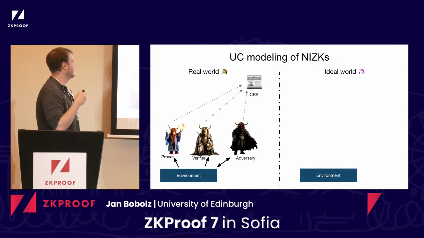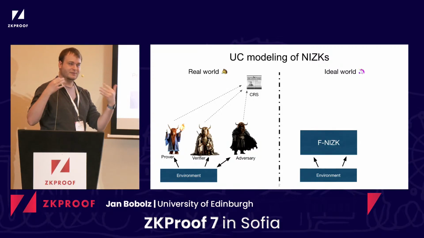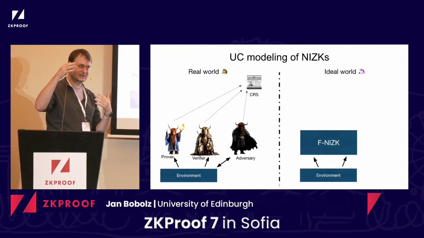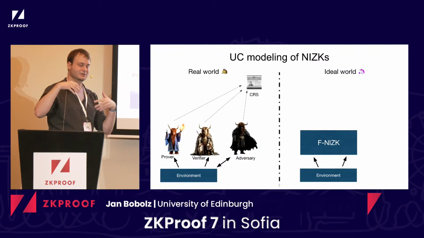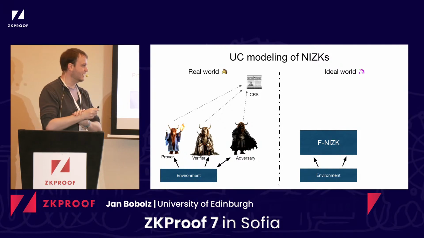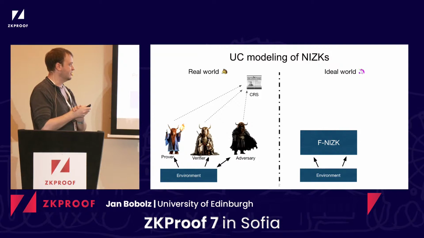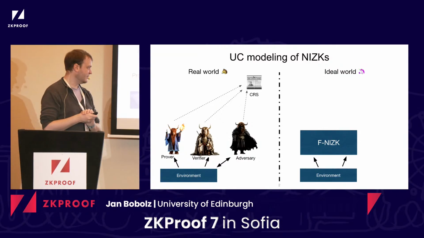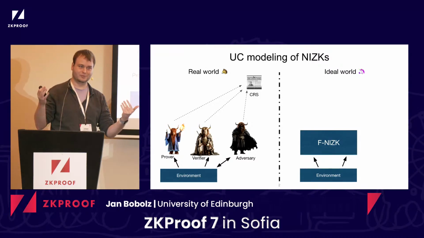In the ideal world, we have an ideal functionality that tries to express the ideal version of a non-interactive zero-knowledge proof. So this is supposed to be secure by definition.